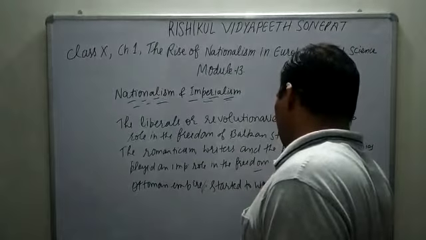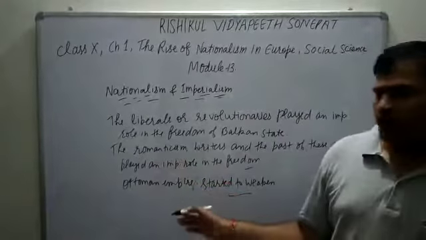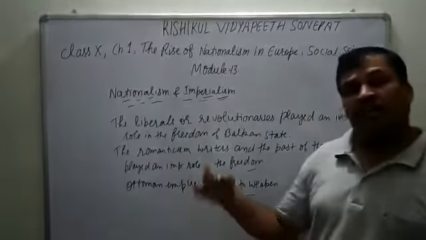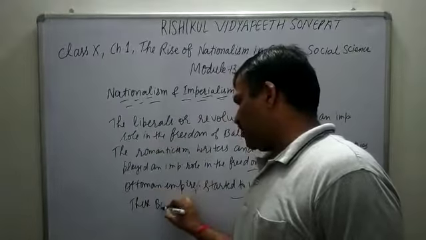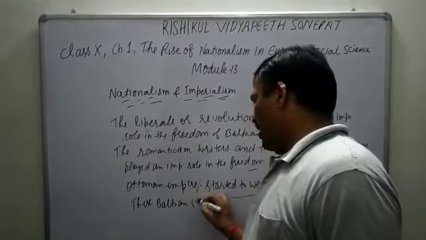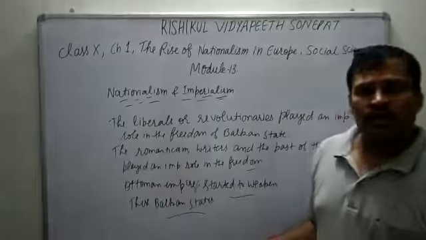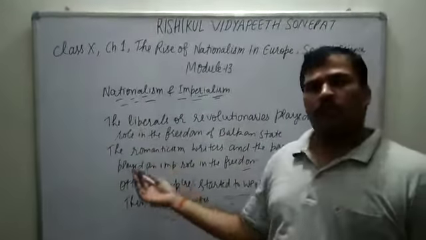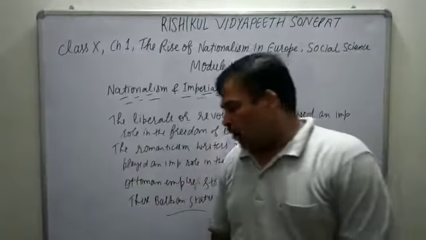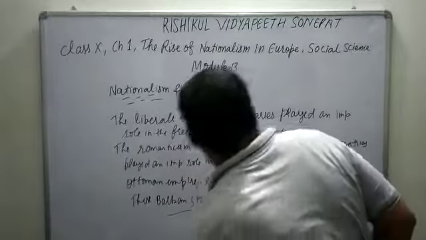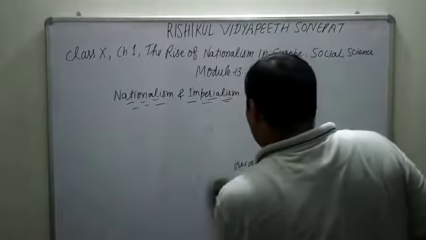It was not able to control, and due to this, these Balkan states were free. It also had some problems, and European countries were setting them free. So due to the efforts of these Romanticism writers and others, they were set free.